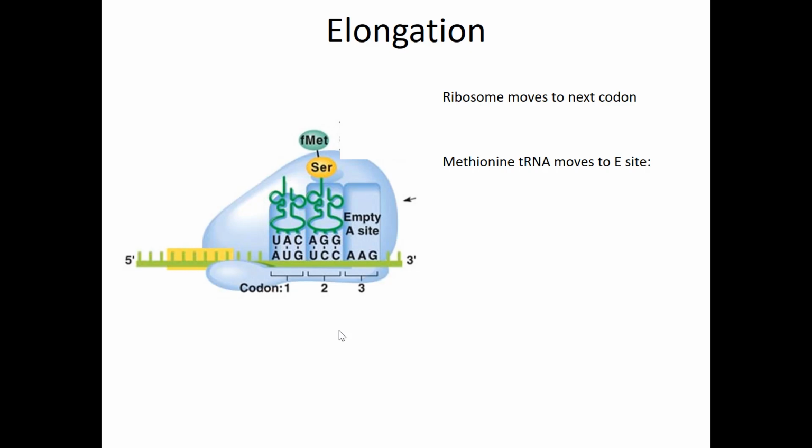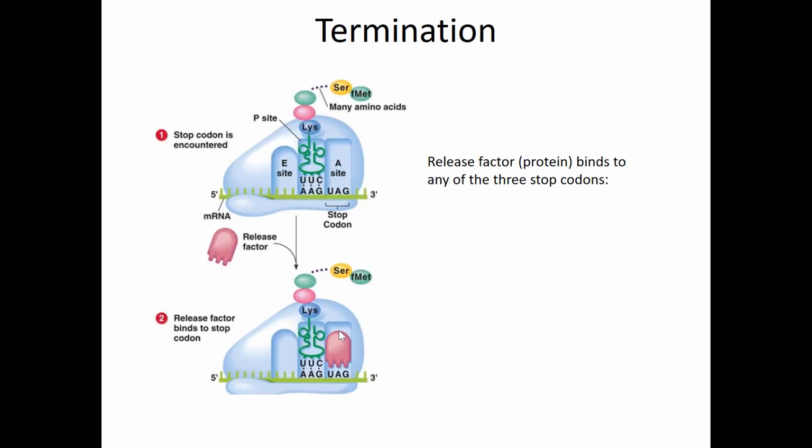And so here now your initial tRNA, the methionine tRNA, is now in the E site, the ejection site. It's ejected. Those hydrogen bonds are broken. The tRNA is released, and then at the same time, a new tRNA enters into the A site.